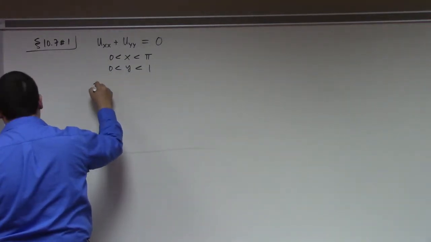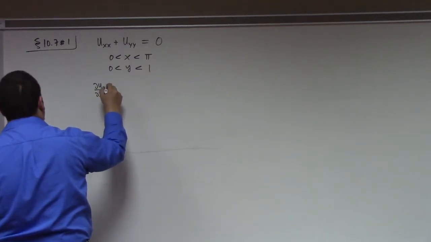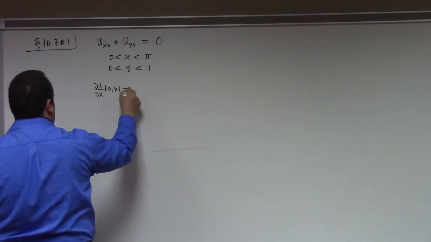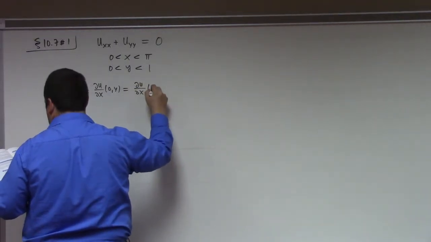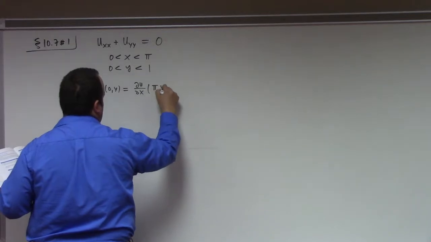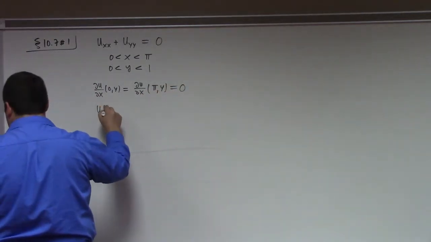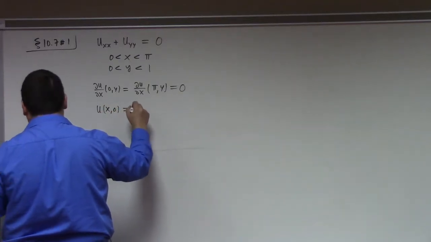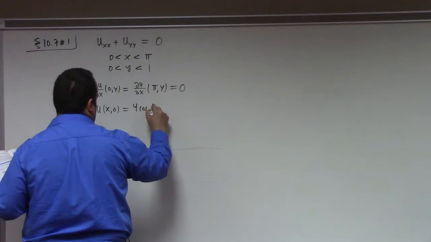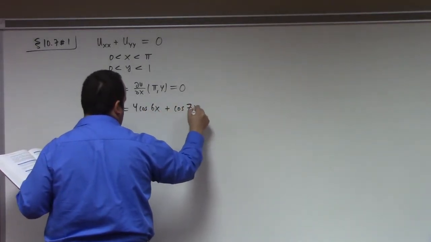We're given that partial u, partial x at 0 y and partial u, partial x at pi y are 0. And we're also given that u of x comma 0 is 4 times the cosine of 6x plus the cosine of 7x.